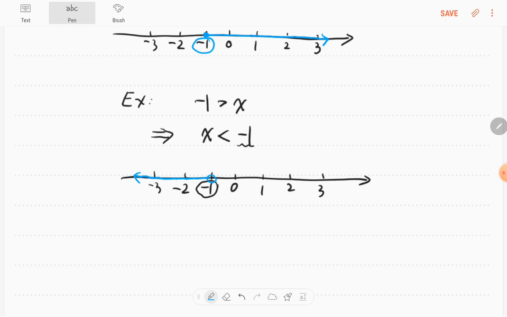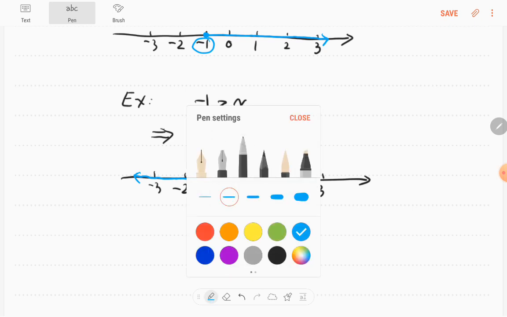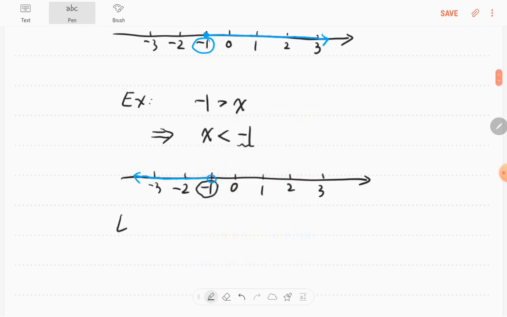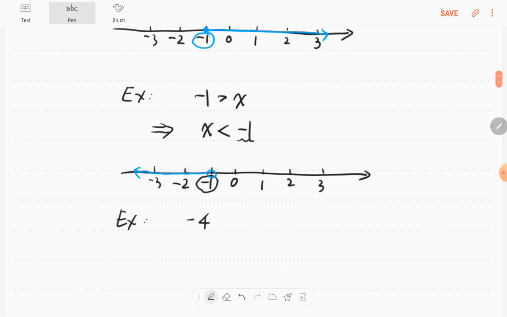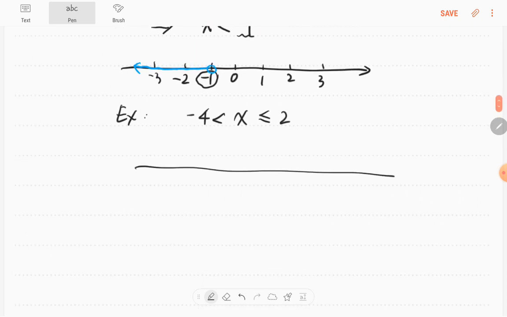Let's check another one. This time we have an interval, so I have two values.